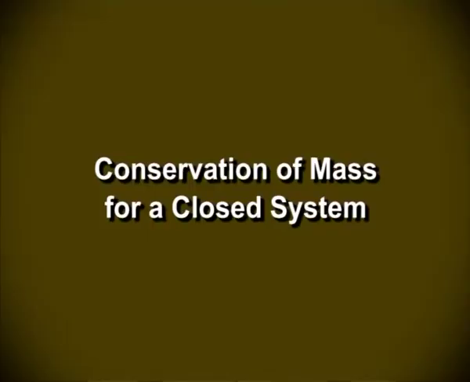According to conservation of mass principle, for a steady, uniform and incompressible flow, the volumetric flow remains unchanged. For compressible fluids such as steam and gases, the inlet mass flow rate will be the same as the exit mass flow rate. Let's move to conservation of mass for a closed system.